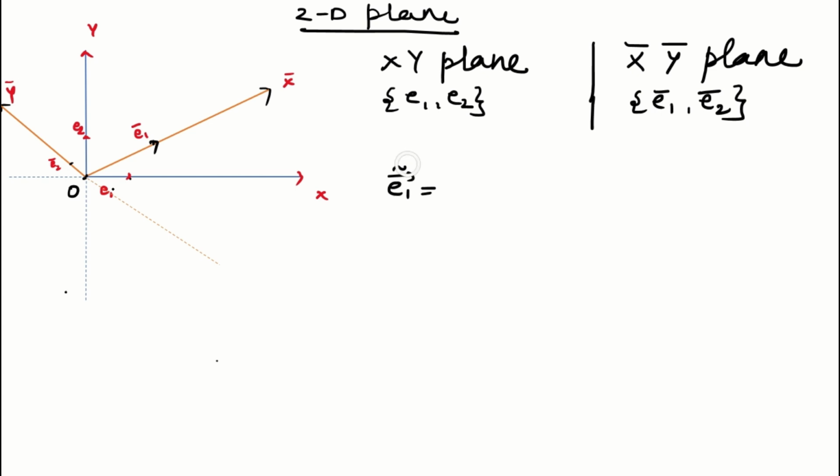So you will find the components of E1 bar along the x-axis and along the y-axis. So this much length is E1 bar. So to find its component, what will you do? You will drop a line from this point on the x-axis and on the y-axis. When you drop on the x-axis, then the line has to be parallel to the y-axis. Okay, since x and y are orthogonal to each other, this is the line parallel to the y-axis.